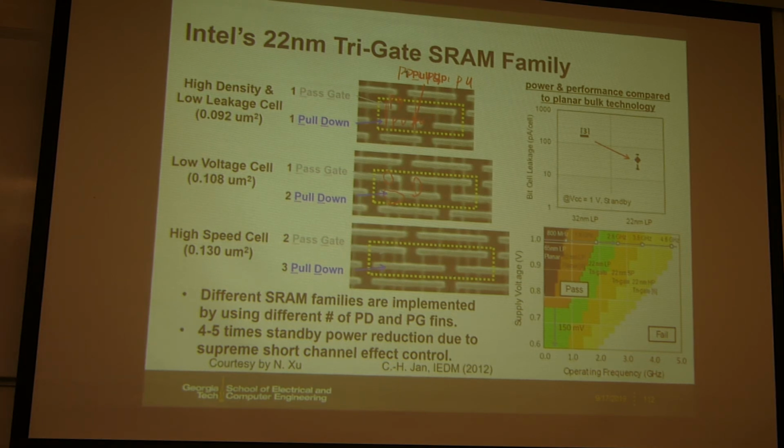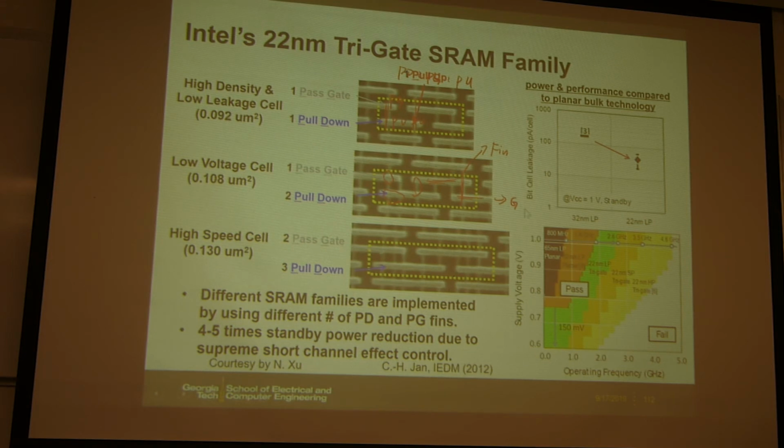Sorry, the gates are running vertically in that picture. The gate is running in the vertical direction? No. This is the gate. This is a fin. So this is a gate. And this vertical one is a fin. The gate is wrapping around the fin.